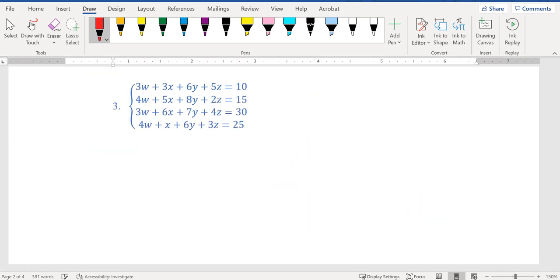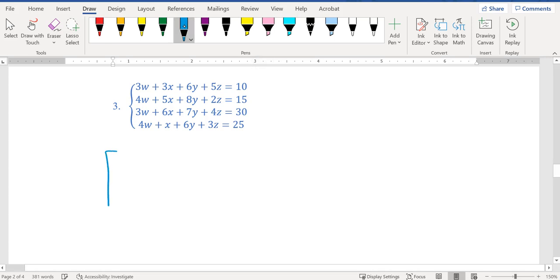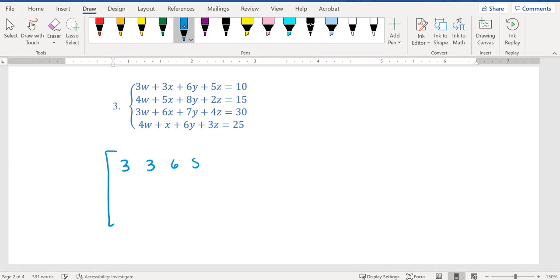One last example. Now we have 4 equations and 4 unknowns. My coefficient matrix is going to be a 4 by 4: 3, 3, 6, 5, 4, 5, 8, 2, 3, 6, 7, 4, and 4, 1, 6, 3.